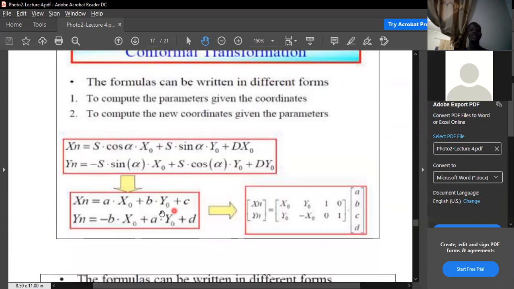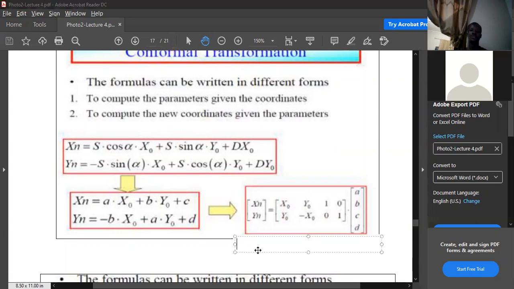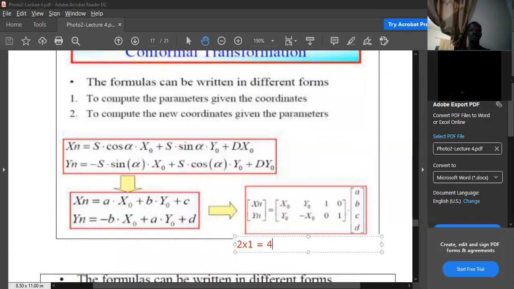We can now rewrite this whole thing in terms of two vectors. So this is actually a 2x1 vector given by a 2 by 4 matrix times a 4x1 vector, row column.